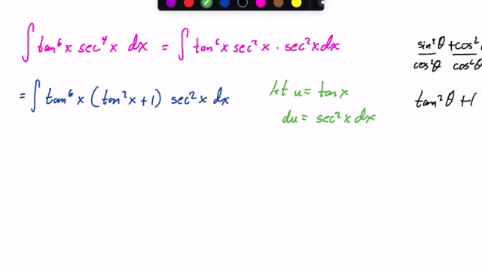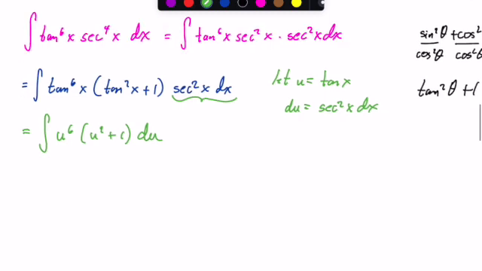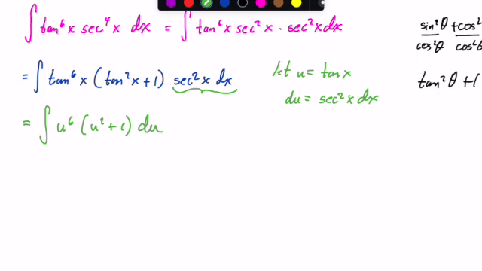So we have u to the sixth times u squared plus 1 du. This whole term becomes our du. At this point, it's probably easiest just to multiply it out inside the integrand.